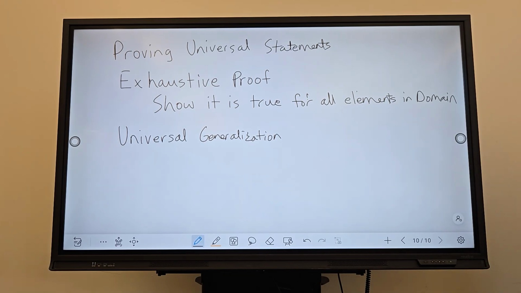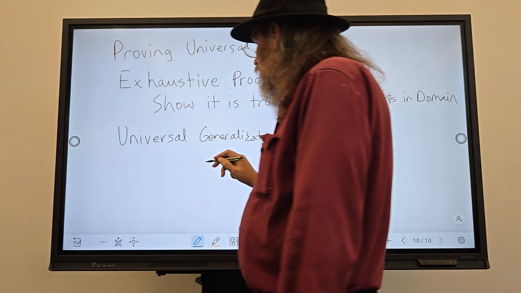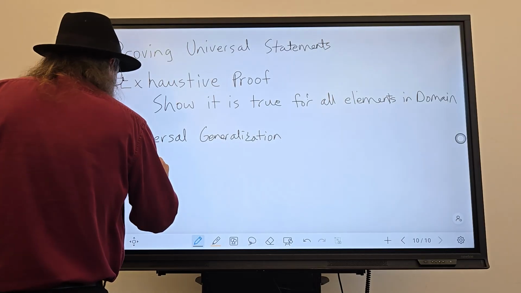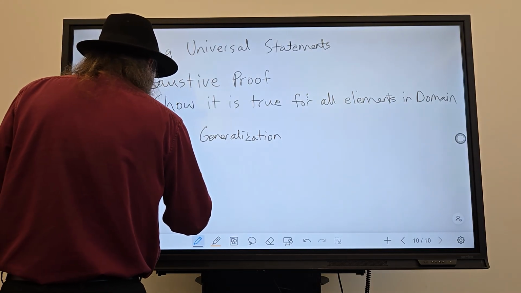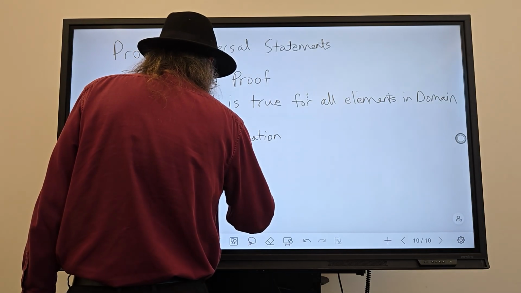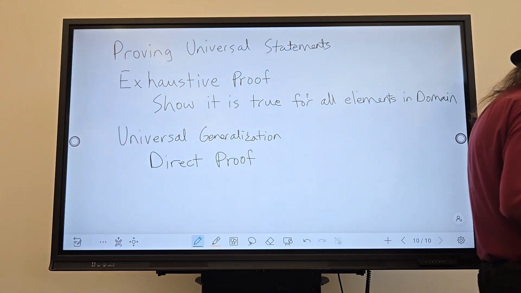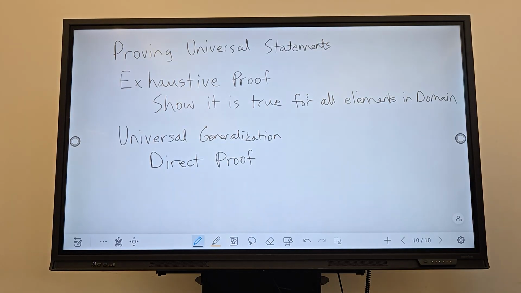When the method of generalizing from the generic particular is applied to a property of the form if P of x then Q of x, the method is called a direct proof. So, method of direct proof. Let's go through the steps here.